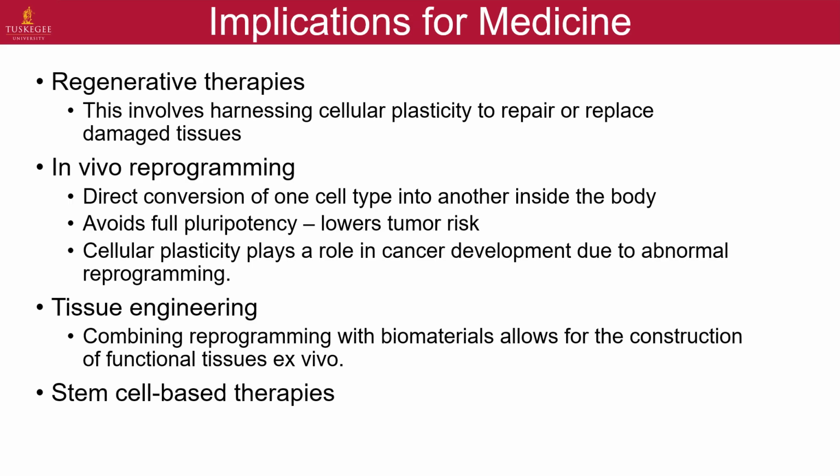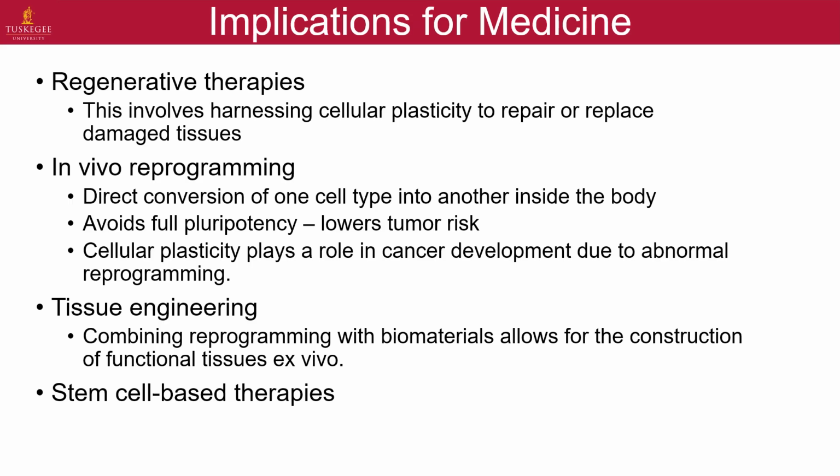It's important to note that cellular plasticity plays a very important role in cancer development due to abnormal reprogramming. Scientists take advantage of this to understand how these cells, despite the fact that most of them have lost their totipotency, can still undergo cellular plasticity to form tumors and other things.